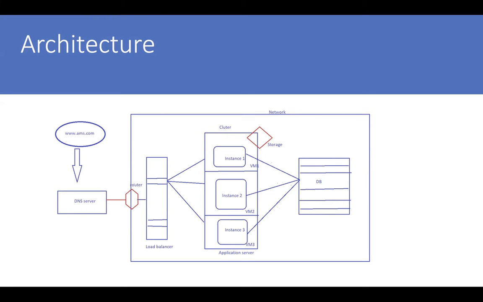Suppose you bought the domain from some other third-party vendor like GoDaddy or Google Cloud, and you are hosting your application in the AWS network, then you have to make changes in the settings of GoDaddy. You have to provide the DNS service details and edit them in order to enable communication between GoDaddy and AWS. So that's one thing: it will connect to the DNS.